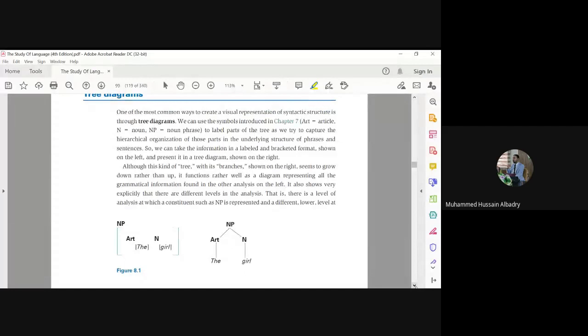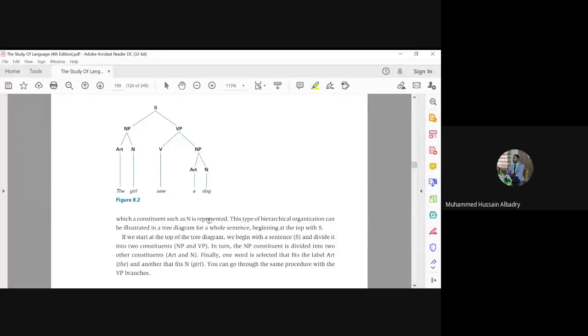We use, for example, brackets, if you remember, noun phrase, article, noun. Very important, you must know the symbols. They treat the same as the tree, but in this way, just a diagram. Noun phrase, article, noun, this is the same.